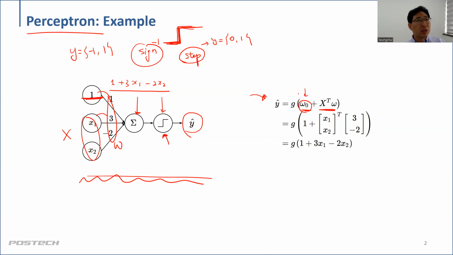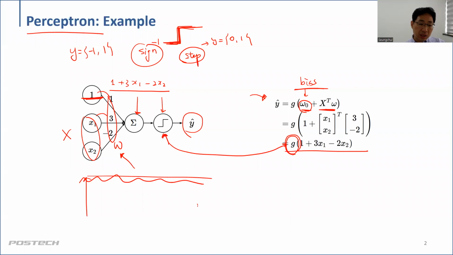From now on, I'm going to call it the bias. That's the common terminology in artificial neural nets. And then it goes through any kind of nonlinear function. That's what we learned from the perceptron. And the key thing is how to find the omegas.